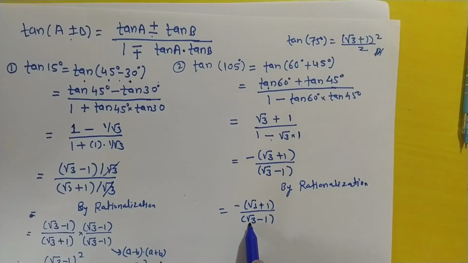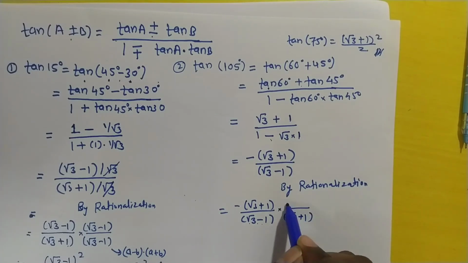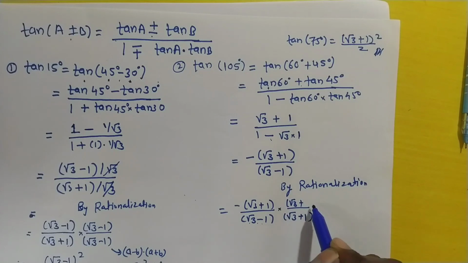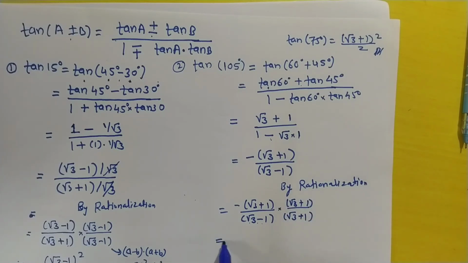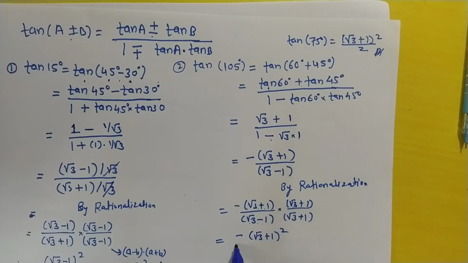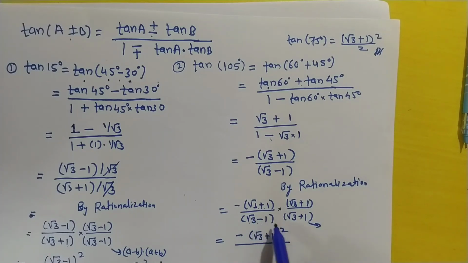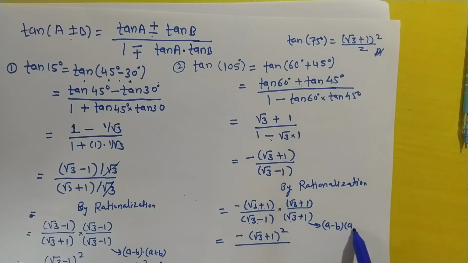The conjugate of root 3 minus 1 is nothing but root 3 plus 1. So multiply these two, numerator and denominator. We get minus root 3 plus 1 bracket square on divide, again here we get root 3 minus 1 times root 3 plus 1, which is a minus b, a plus b expansion. So the answer is a square minus b square.